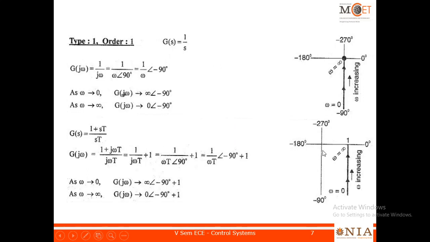At omega equal to 0, the magnitude is infinity and the angle is minus 90 degrees, so a point parallel to minus 90 degrees is enough. For omega equal to infinity, the magnitude is 1 and the angle is again minus 90 degrees. So the shape of the graph is a line parallel to minus 90 degrees at magnitude 1. That will be the shape of this transfer function.